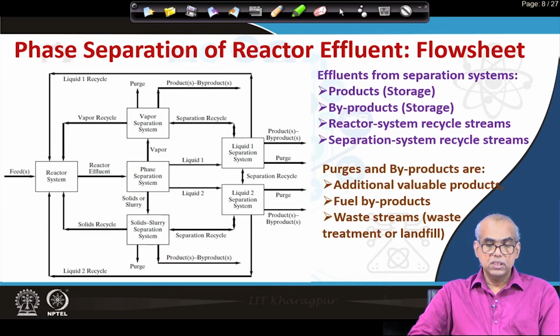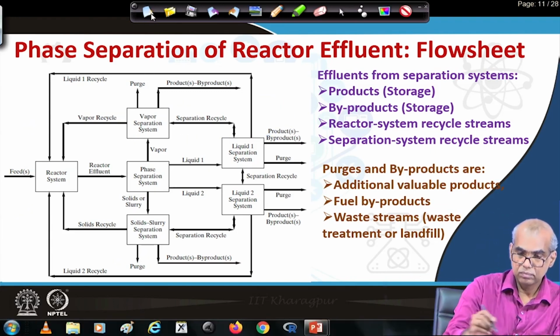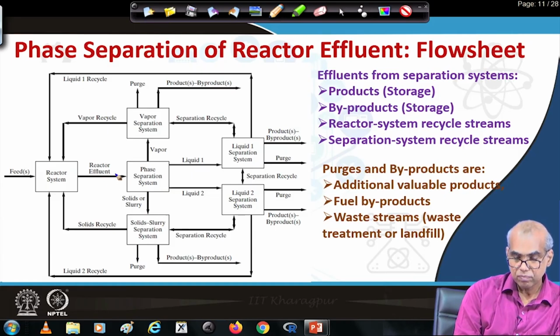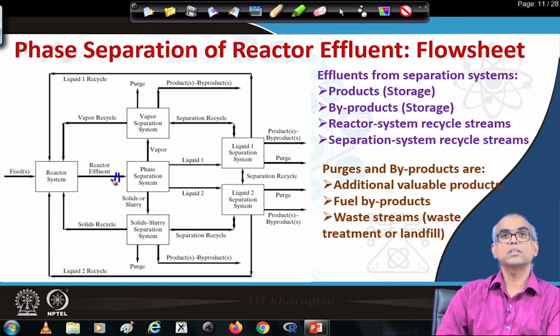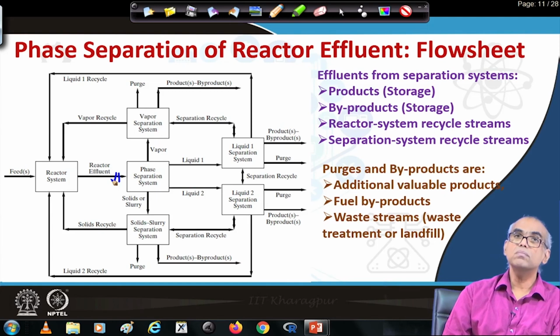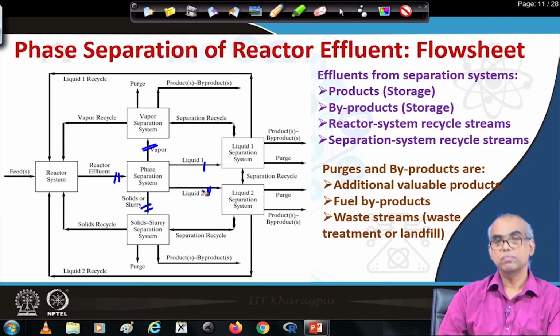Now, this flow sheet gives you details of phase separation of reactor effluents. So, the reactor effluent enters the phase separation system, and the phase separation system creates solid stream, vapor stream as well as liquid streams.